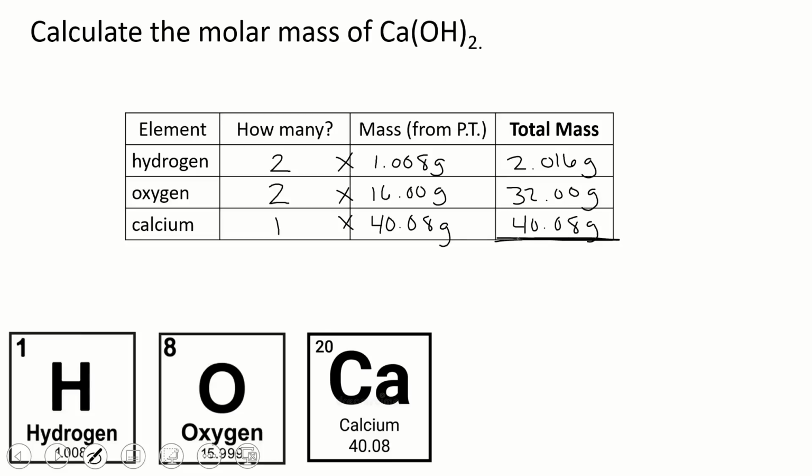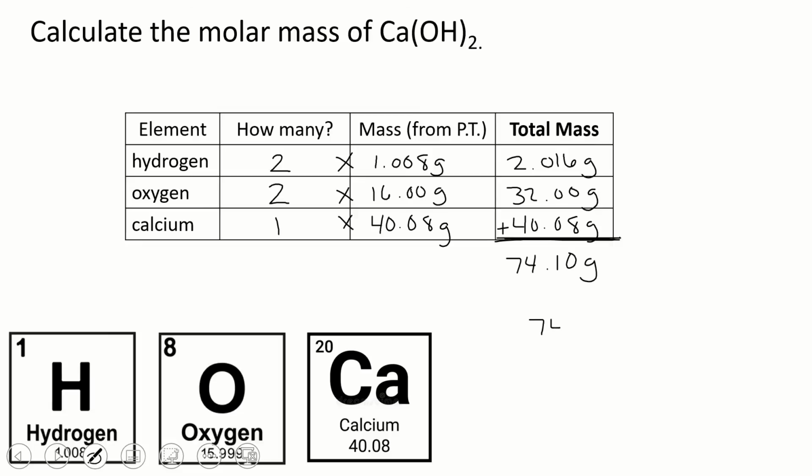We'll then take these values and add them together to get our molar mass. This comes out to be 74.10 grams. So there are 74.10 grams of calcium hydroxide in 1 mole of calcium hydroxide.